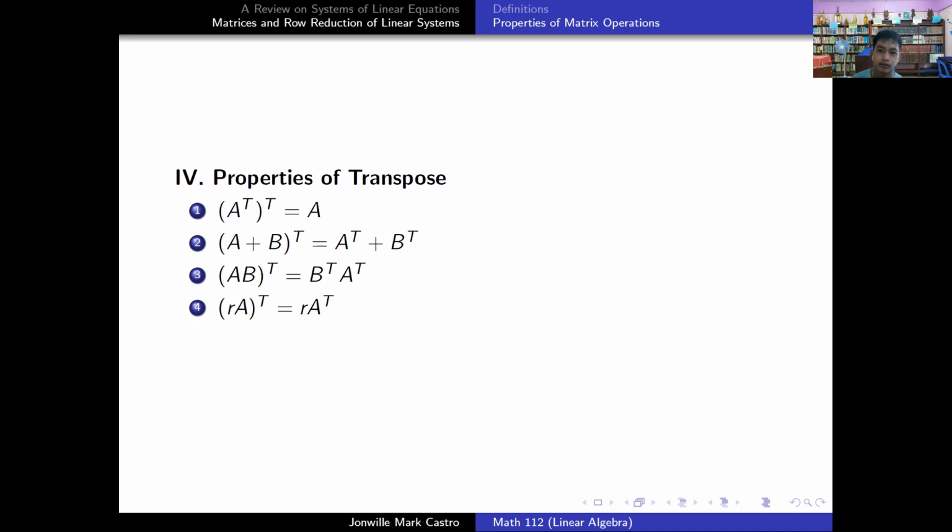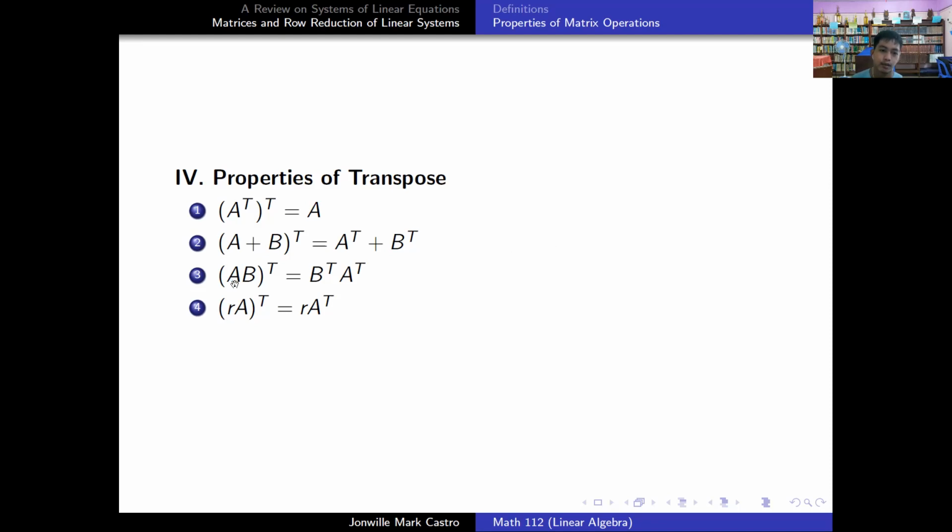Next, we have properties of transpose. The transpose of the transpose of matrix A is A. And we have (A plus B) transpose equal to A transpose plus B transpose.